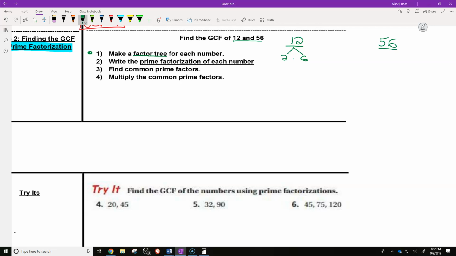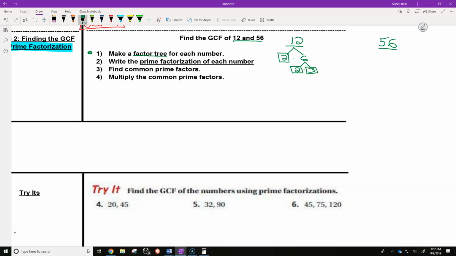No. So right now I'm going to show what my tree looks like. If you did yours different, that's okay. We'll get the same prime factors. 2 is prime, so I put a circle. 6 is composite. So I'm going to break 6 into what, Mason? 2 times 3. 2 is prime. 3 is prime. I'm done. There's my factor tree.